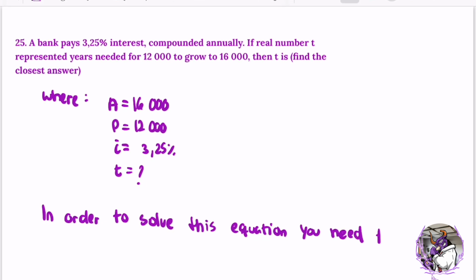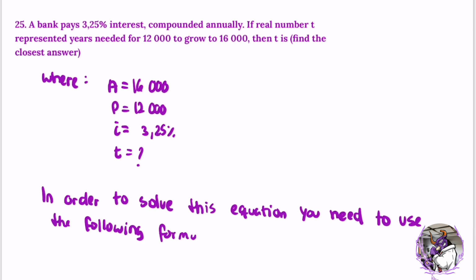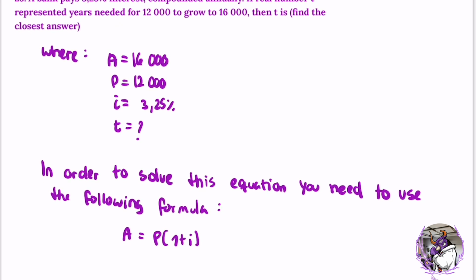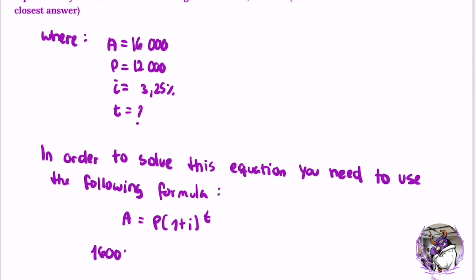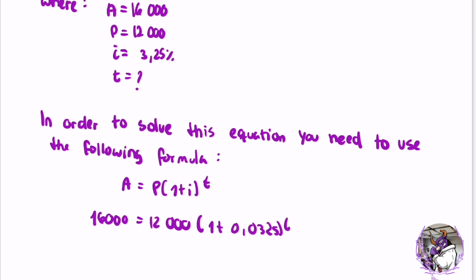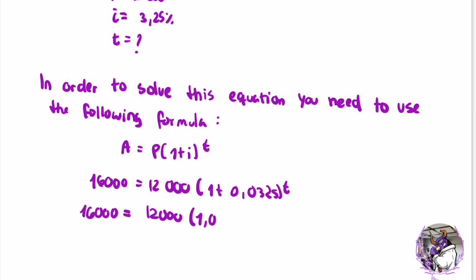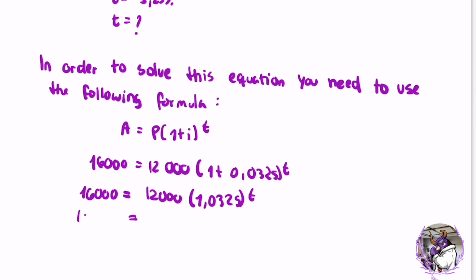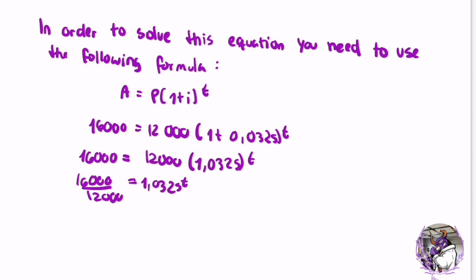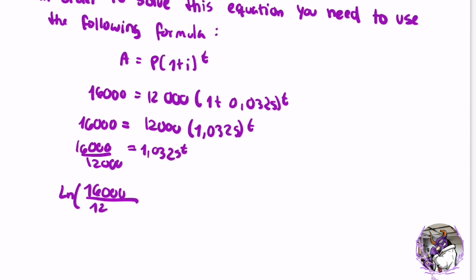So we're going to have 16,000 equals 12,000 times (1 plus 0.0325) to the power of T. Then we simplify to 16,000 equals 12,000 times 1.0325 to the power of T. We're going to then divide 16,000 by 12,000, which is equal to 1.0325 to the power of T. So now we're going to make use of the function ln(16,000 divided by 12,000), which is equal to T times ln(1.0325).